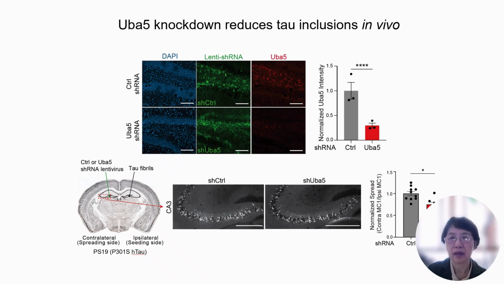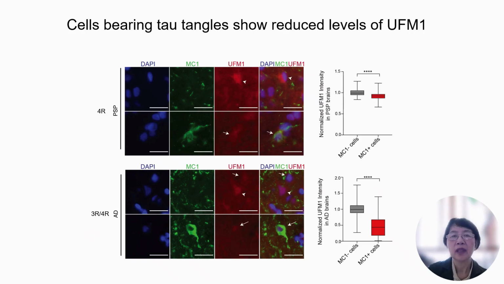To further explore the relevance of UFMylation in tau pathology in humans, we performed co-immunostaining of MC1 and UFM1 in postmortem brains of patients with PSP and AD.